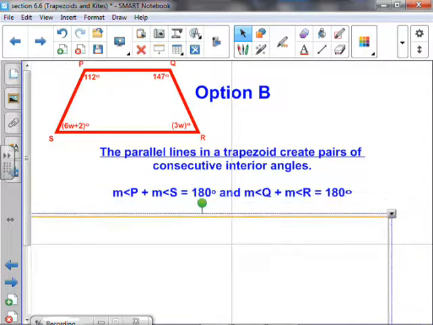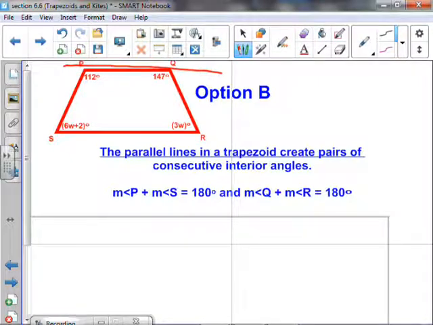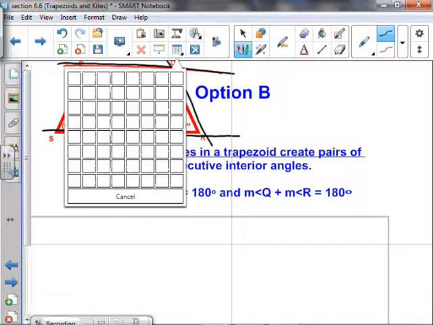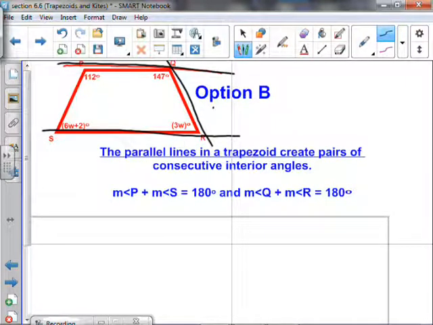Okay, let's go on to math. We know that the parallel lines in a trapezoid create pairs of consecutive interior angles. So we've got two parallel lines, and we have a transversal.